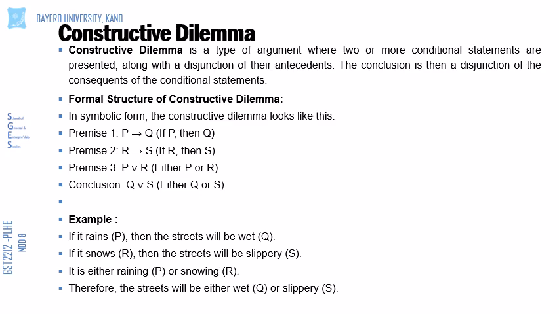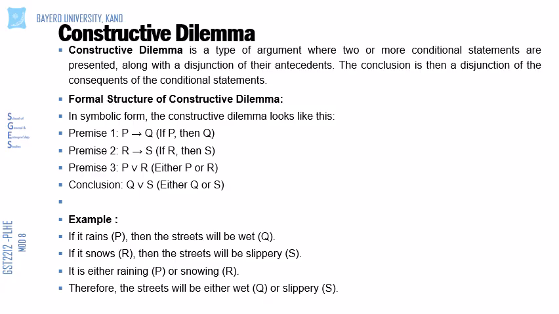This constructive dilemma has two conditional statements, combined with a third statement, which is the disjunction of the antecedents of the two conditional statements. Observe the formal structure of it.